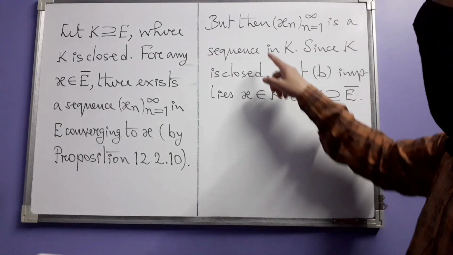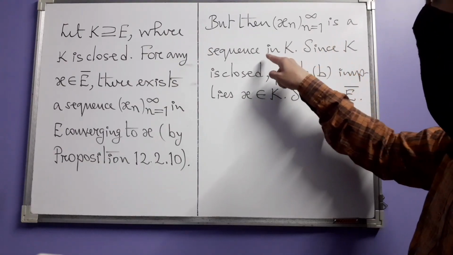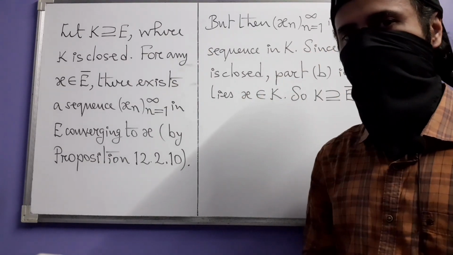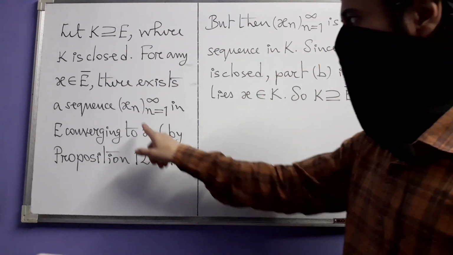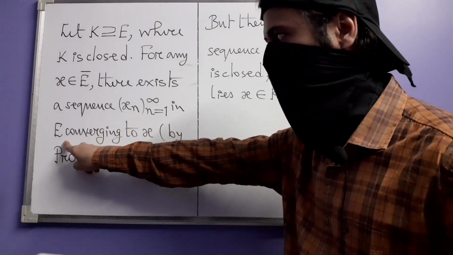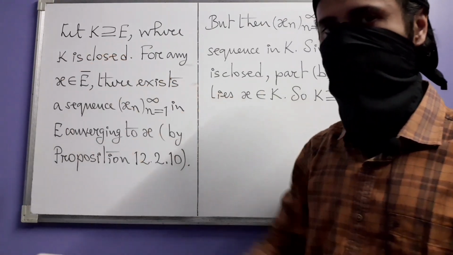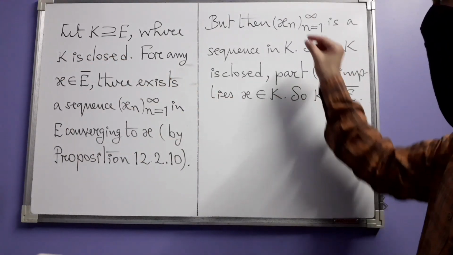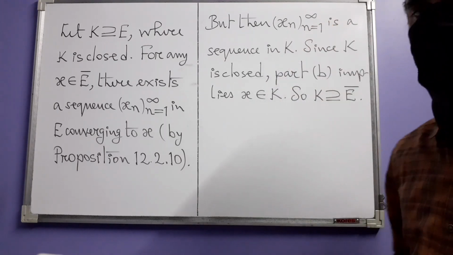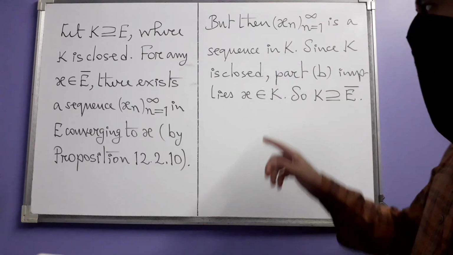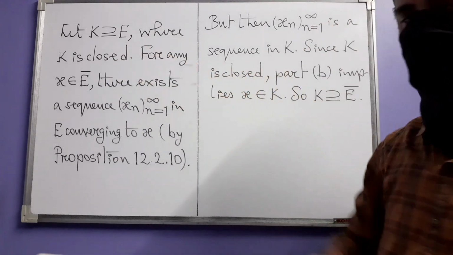Now we note the fact that then this sequence x_n is also a sequence in K. Why? Because each x_n is a point in E and E is a subset of K, that is why. So each x_n becomes a point in K as well, and it is given that K is closed.